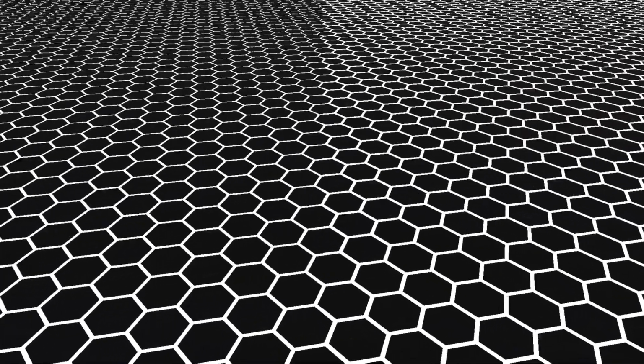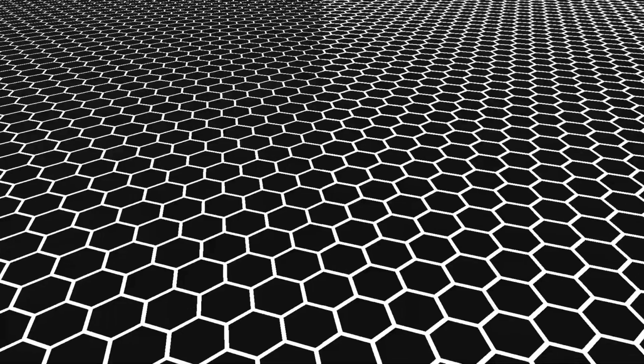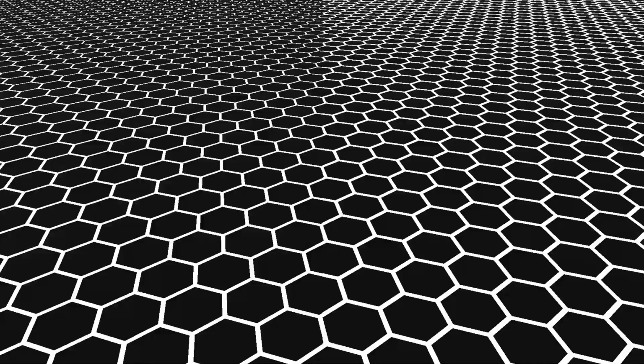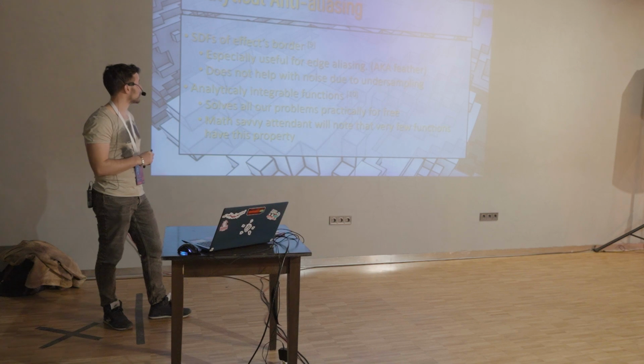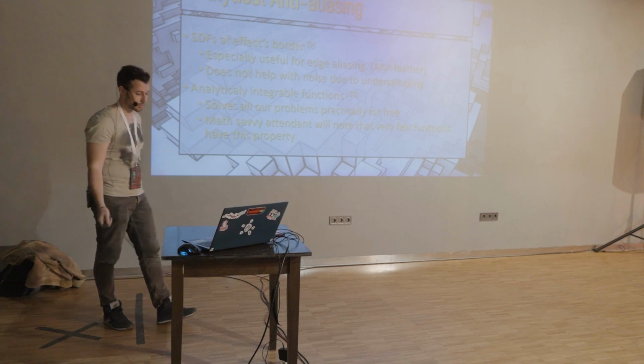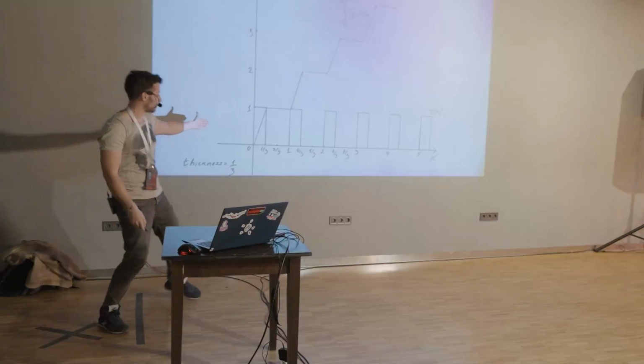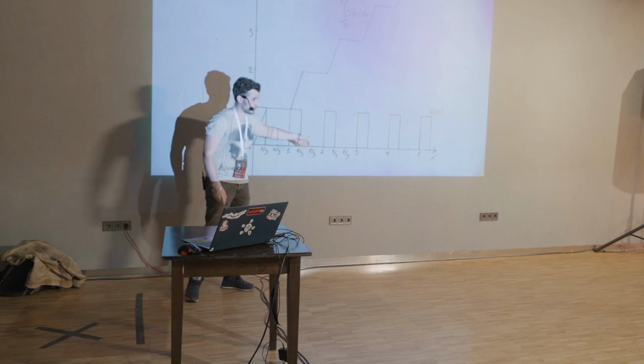On the left is without this anti-aliasing, and on the right is with it. Sometimes you get analytical functions. It's really rare. The guys who have visited math classes know it. If you have that function, for example this one, you just have a step function.